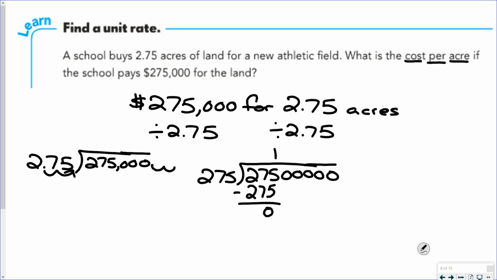Then all remaining zeros would come up into the quotient, and we would find the unit rate or unit cost of $100,000 per acre.